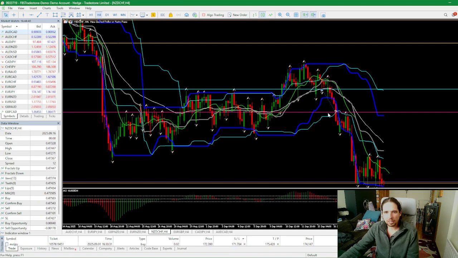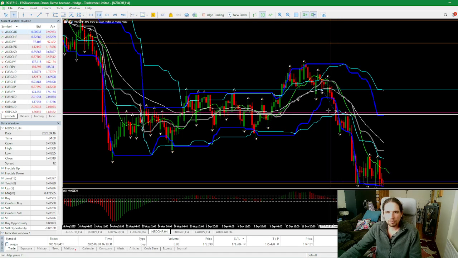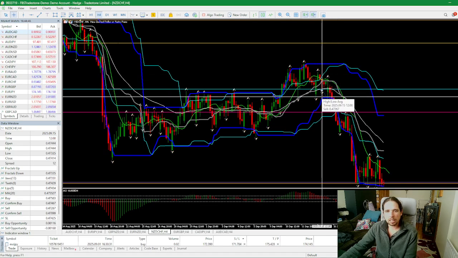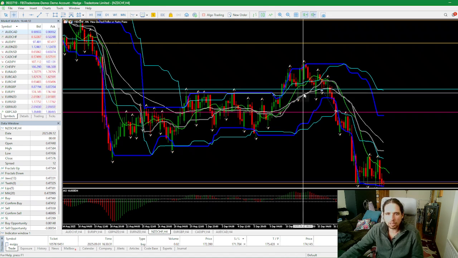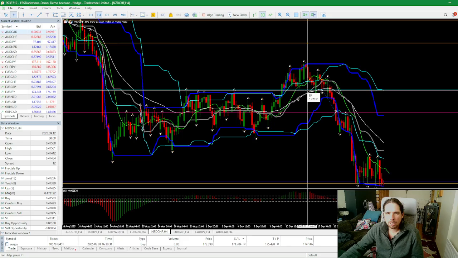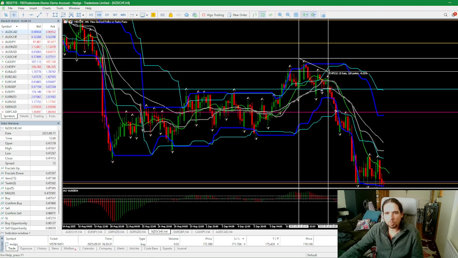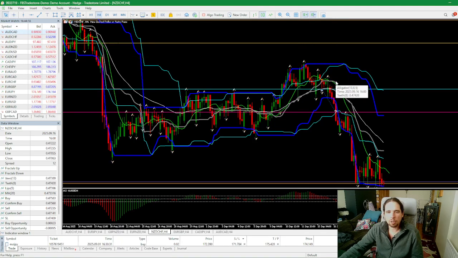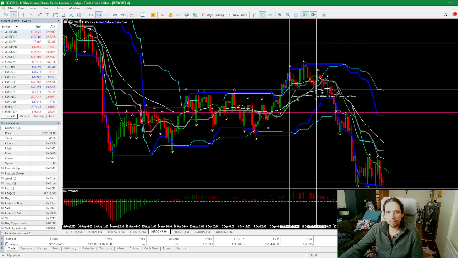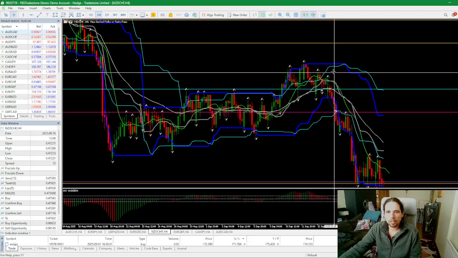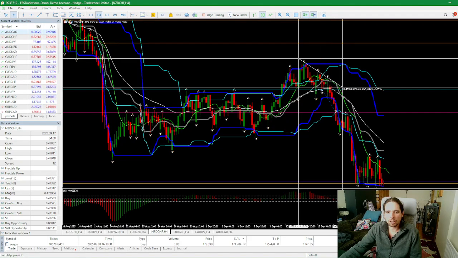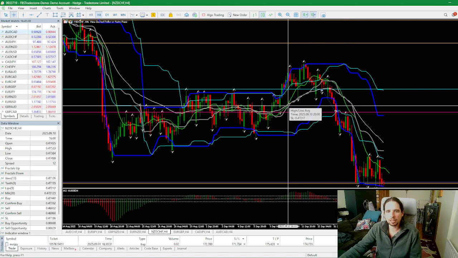This trade here, I can't remember what time I made the trade. I think I made it a little bit earlier than that point there. But there was a sign that it was reversing, and if I was just looking at the trades, it's definitely a sign that it is reversing.